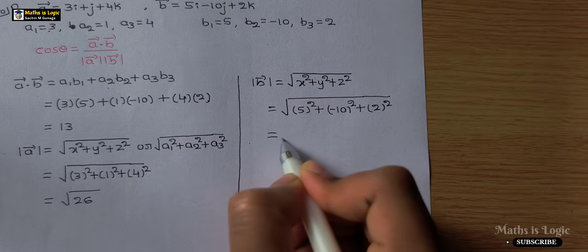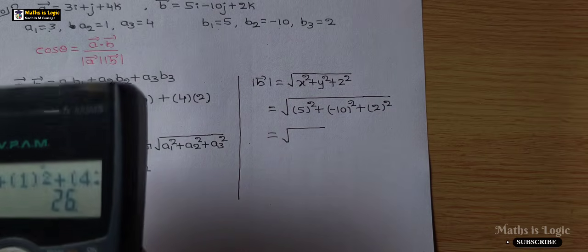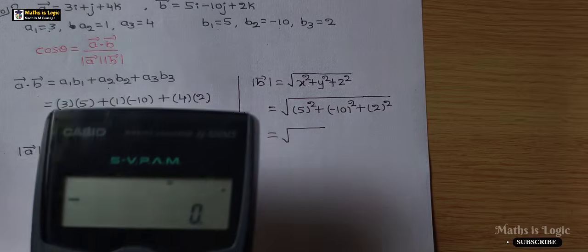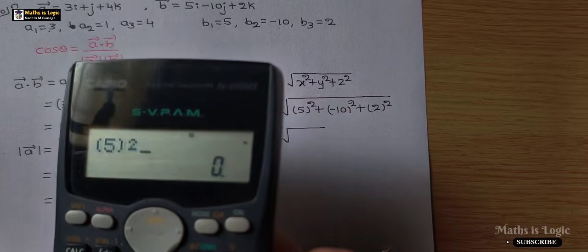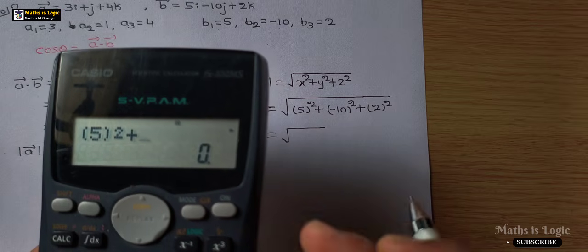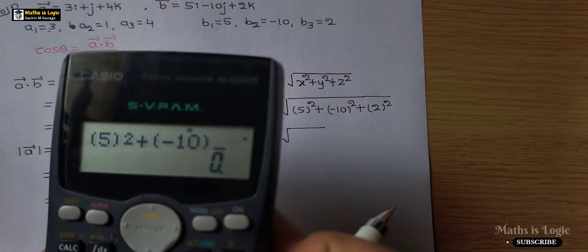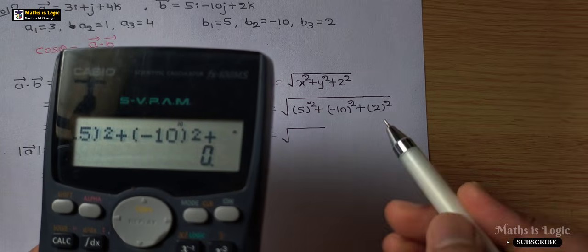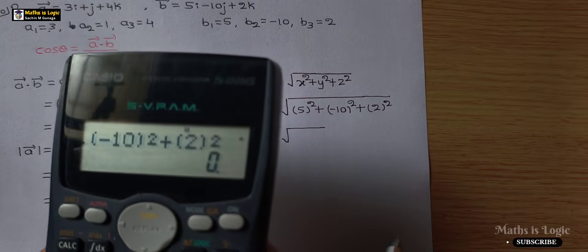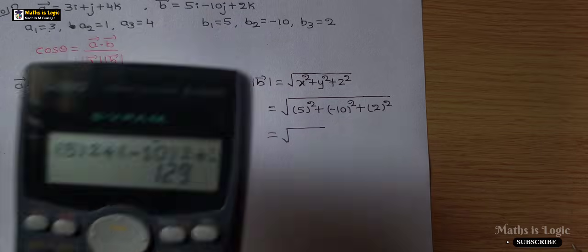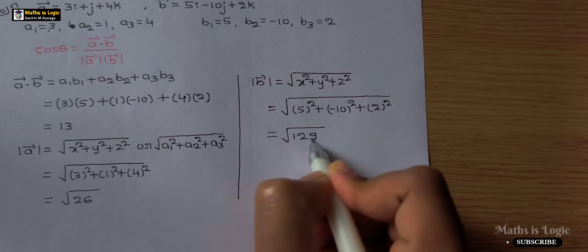Keep the square root as it is, substitute in the calculator. First 5 square plus minus 10 square in bracket plus next 2 square, so 129.